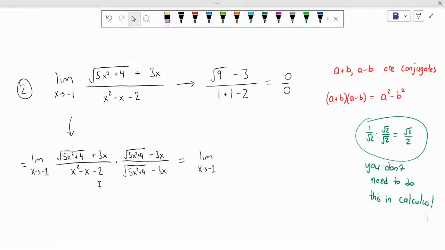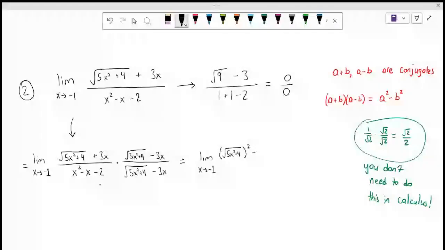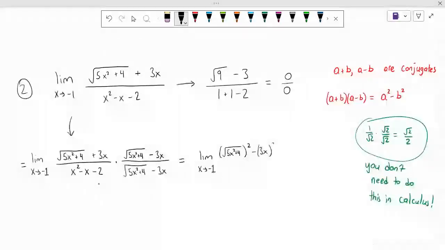So we're going to end up getting the square root of 5x squared plus 4, squared, minus 3x squared. It's just using this idea here: you should get a squared minus b squared when you multiply by the conjugates. Here, the a was the square root, and b was the 3x.